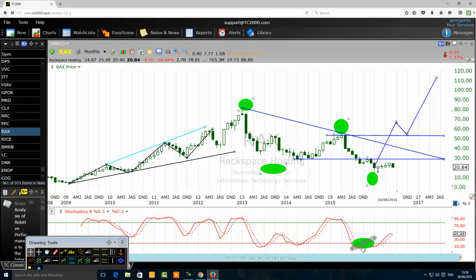The stochastic is oversold, but the price is forming a new lower low after a lower high. All right, you see now, this is how to avoid the worst oversold stochastic stock trading mistakes. Does it make sense? It is also powerful.